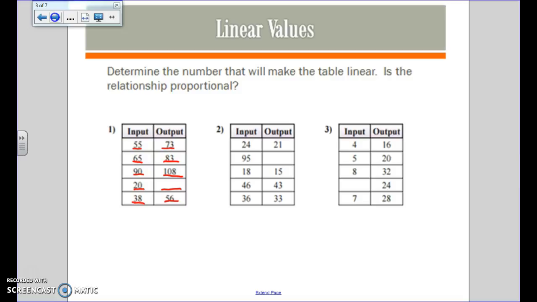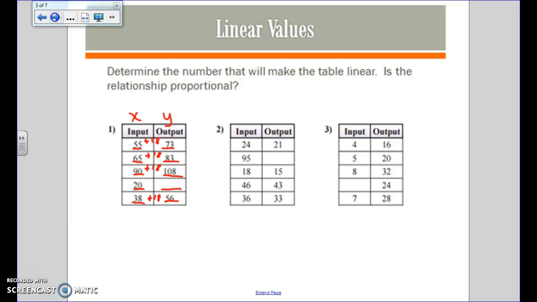Now, they don't put the numbers in order for us this time, which is a little frustrating. The inputs kind of jump around 55, 65, 90, 20, 38, and really those inputs are X values and the outputs are Y values. And the outputs are kind of jumping around, but there is a relationship between the inputs and outputs. If we add 18 to each one of these, I see that it will be the Y value.